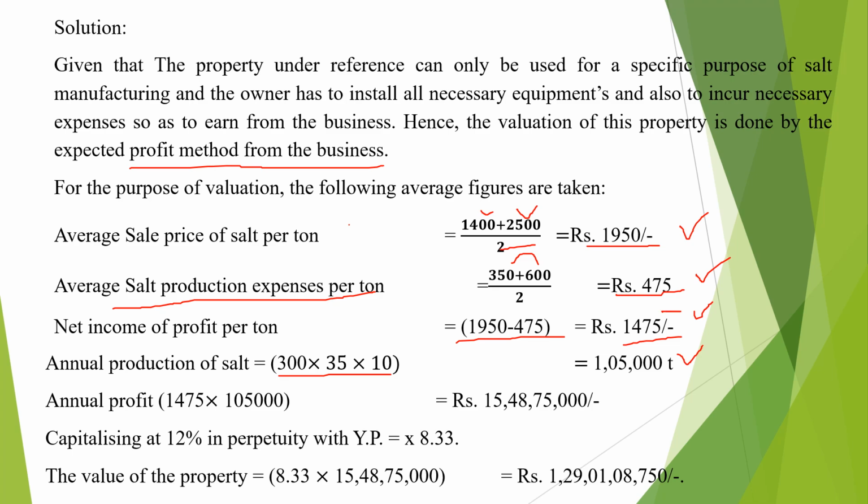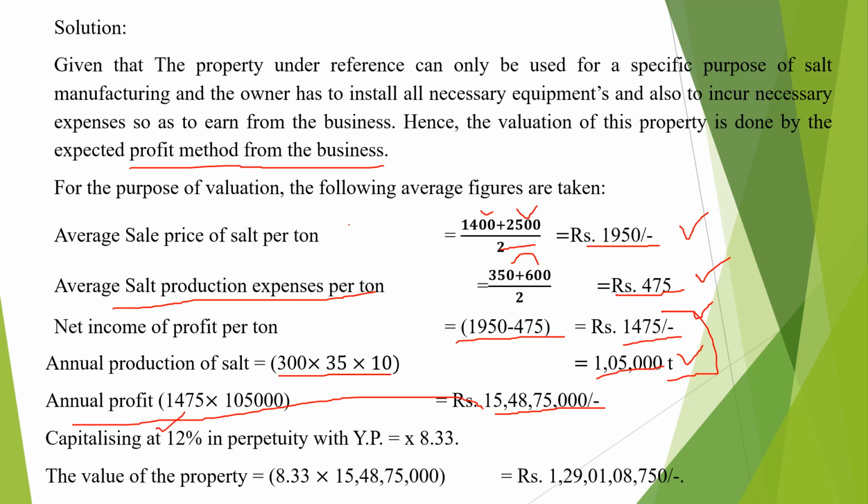So you multiply net profit from the salt with the total production. That will give you the annual profit, which is 15 crore 48 lakh 75,000. And we assume the capitalized value at 12%.